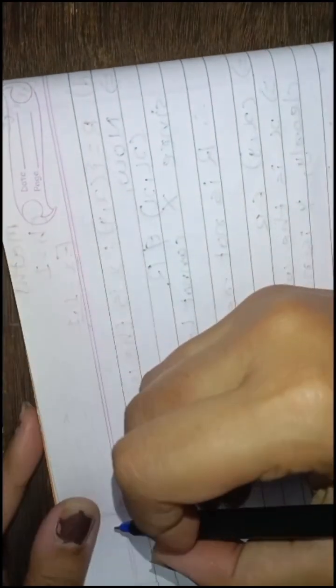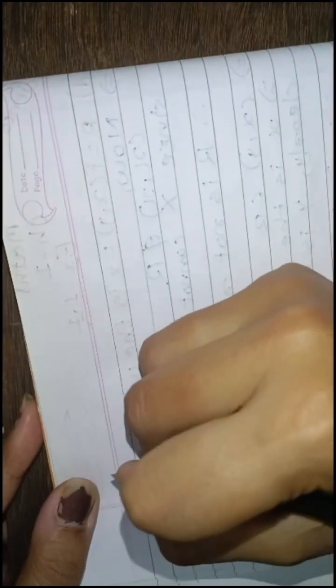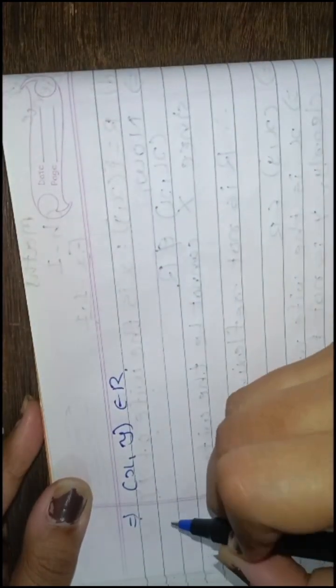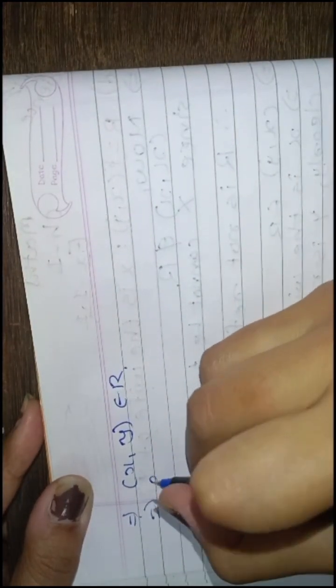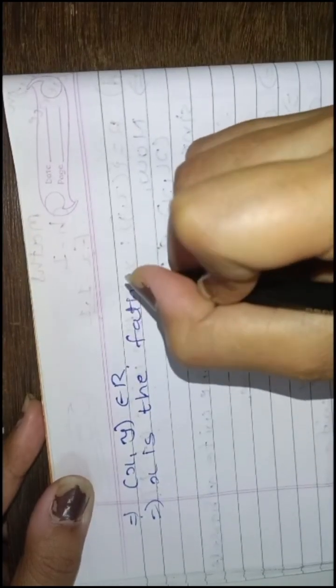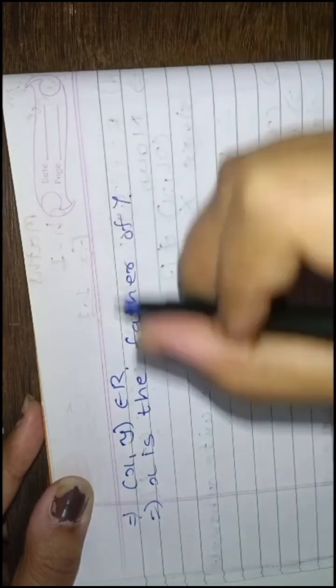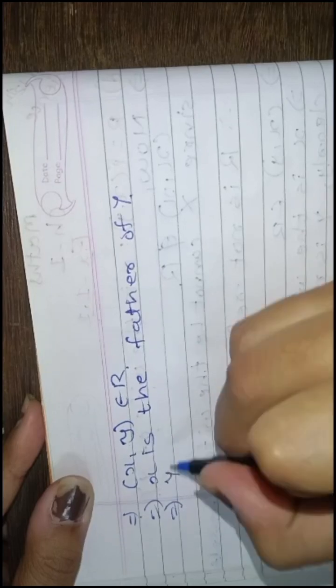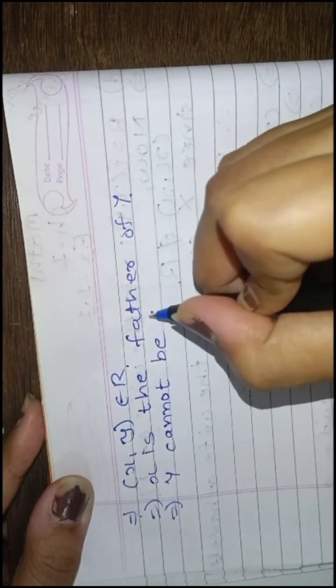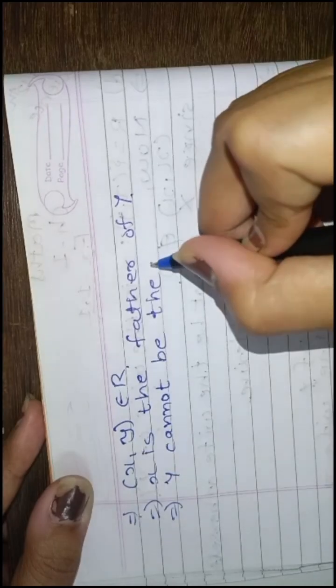Next, we are checking for symmetricness. Let (x, y) belong to R. It implies that x is the father of y. But y cannot be the father of x.